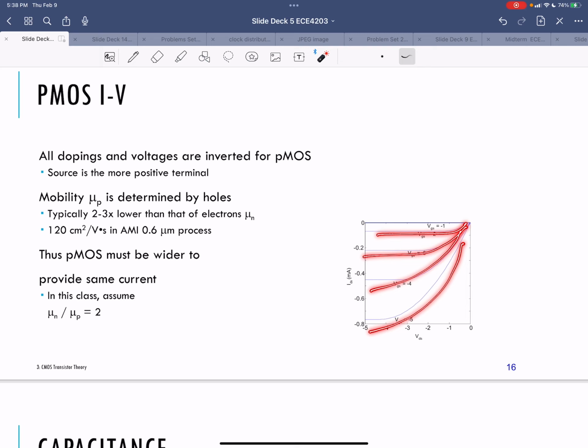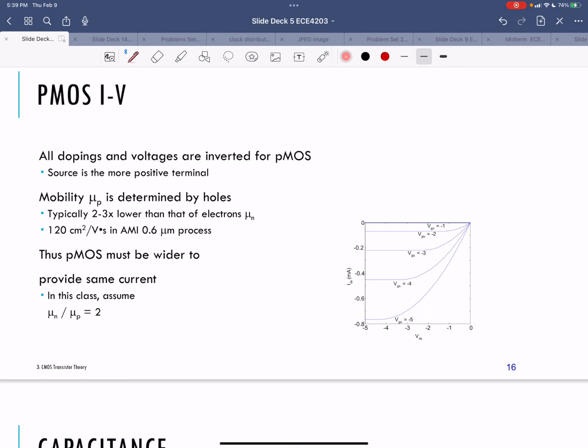And the direction of the current flow is the reverse of the direction of current flow for an NMOS.